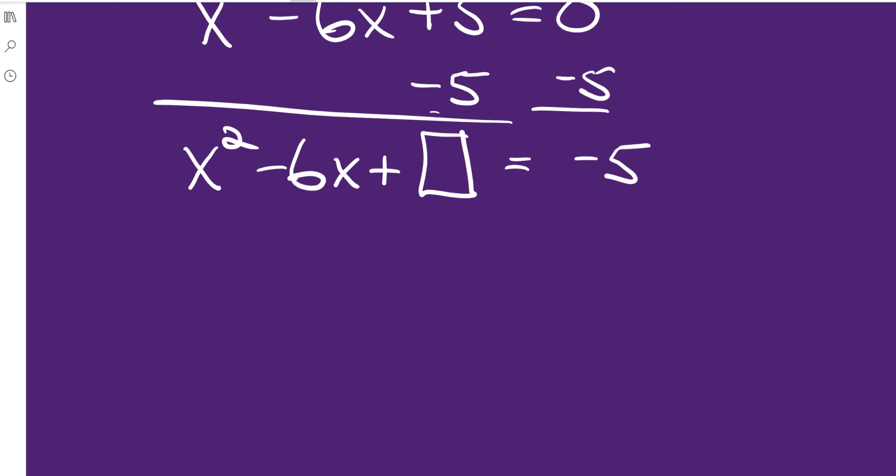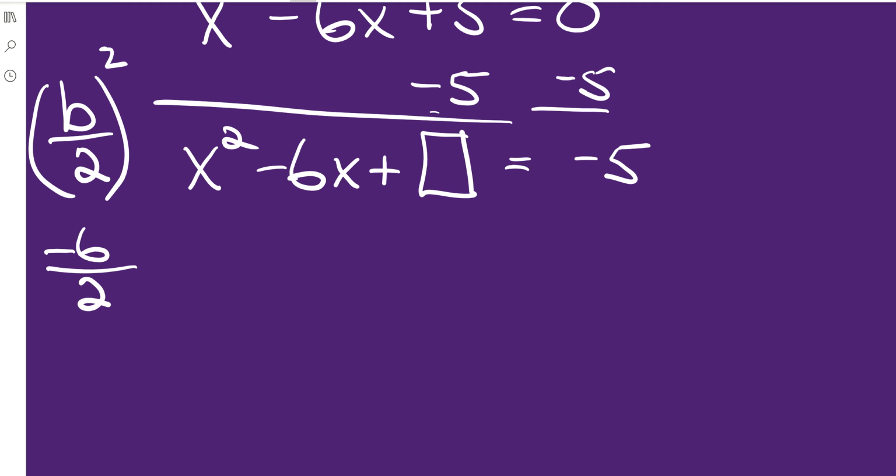I'm going to take b, divide it by 2, and square it. That's what I'm going to do when I'm doing these problems. So I'm going to take negative 6, divide it by 2, and then square it. Okay, so that's going to give me negative 3 squared is 9. So I'm going to write up a 9 here, and then I'm going to write up a 9 over here. Add 9 to both sides, in other words.